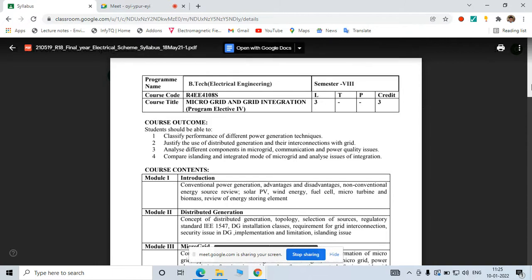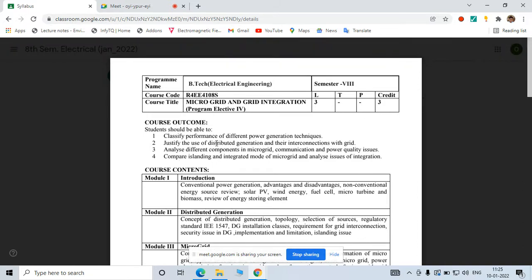The motto of this course is that you are able to classify the power generation techniques of different power plants, and better understand distributed generation and interconnection with the grid. You should understand some concepts of the microgrid, what communication devices are used in it, and how it works.